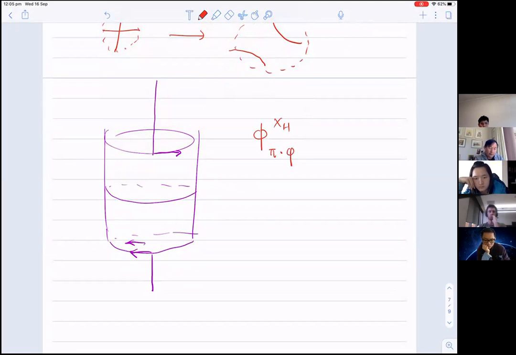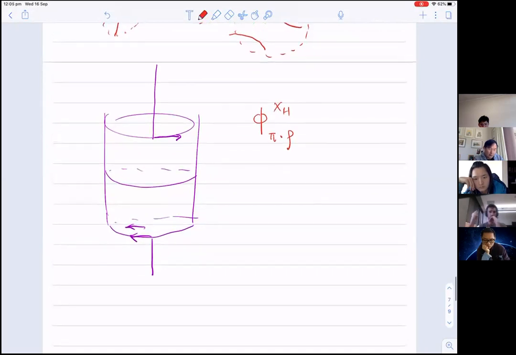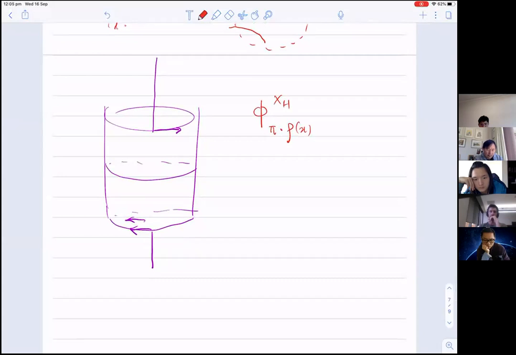And then I want some function rho, and the rho depends on the x. And here it is one dimensional. So maybe here is our x, and rho is something like this. Okay, so this is rho of c.